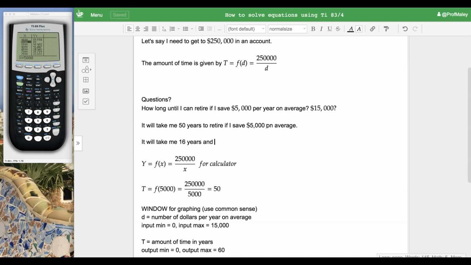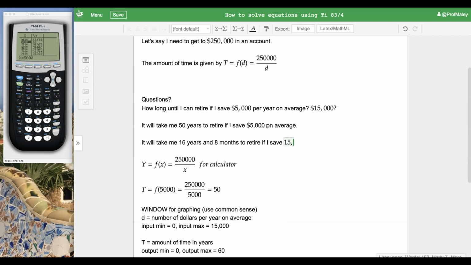And 2/3 of 12 months is what? 8 months. If I save 15,000 per year on average. And that should go up here.